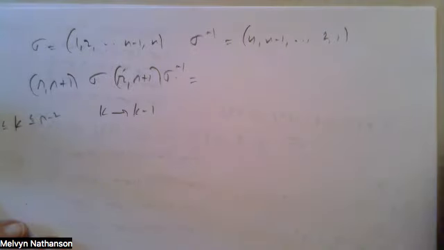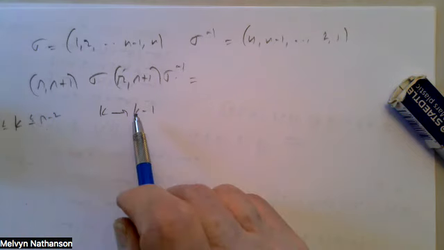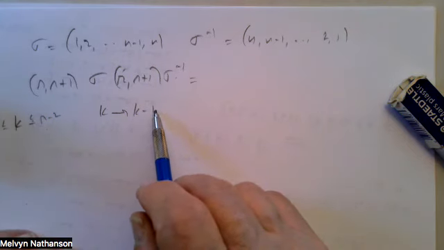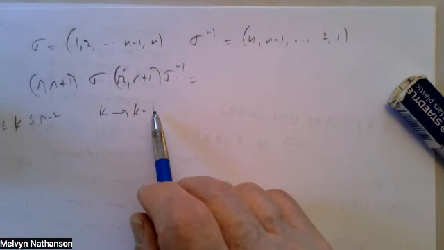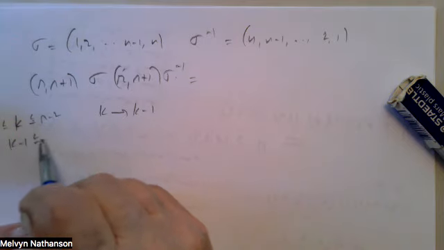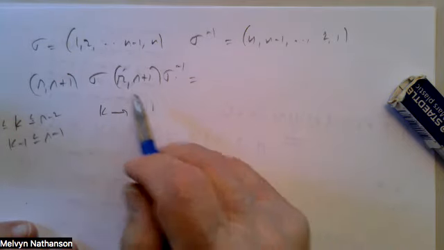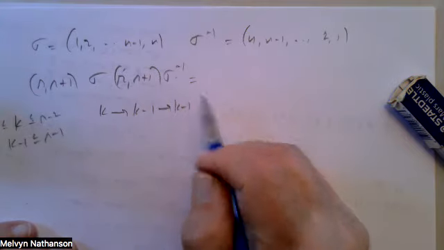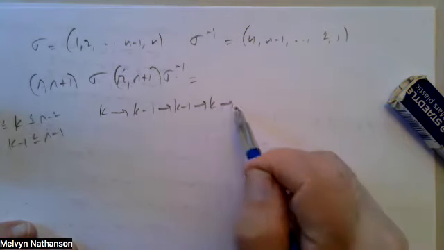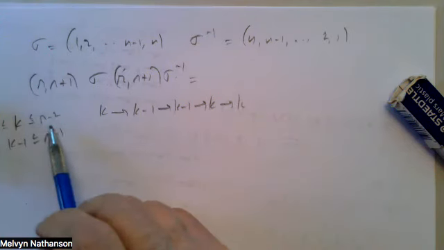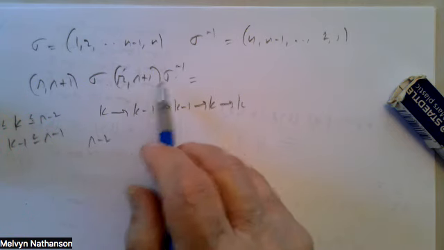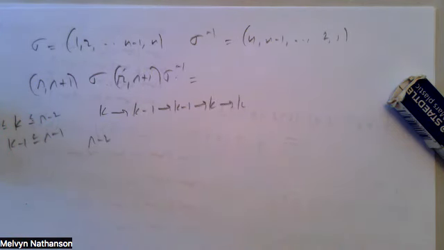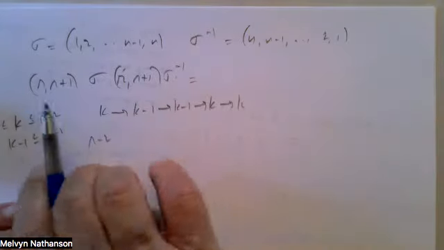Actually I can go up higher because I want k minus 1 to be less than or equal to R minus 1. Yeah, that's right. So k minus 1 gets sent to k minus 1, gets sent to k, gets sent to k. So k is fixed between 1 and R minus 2.